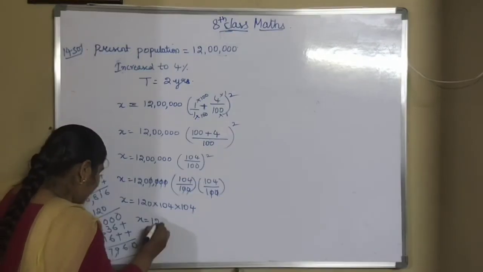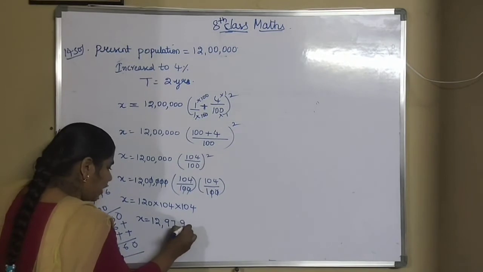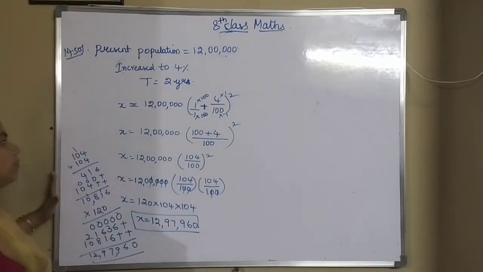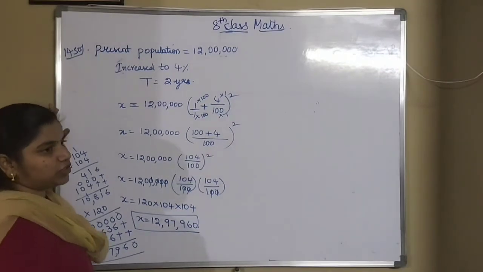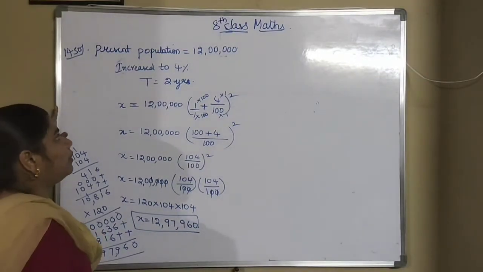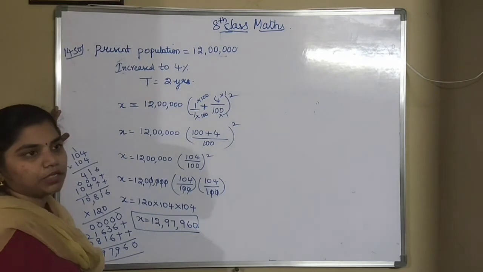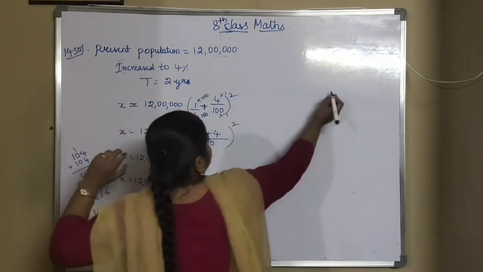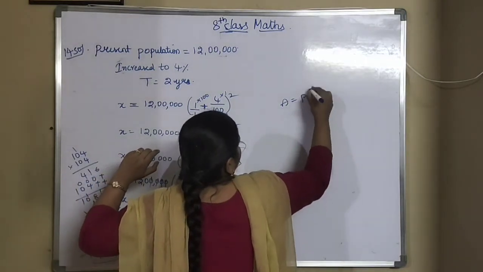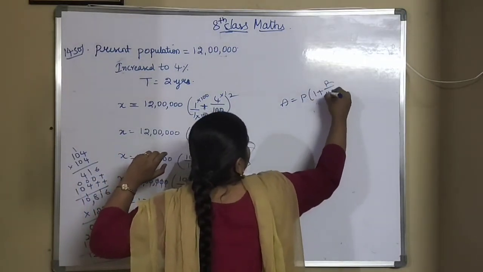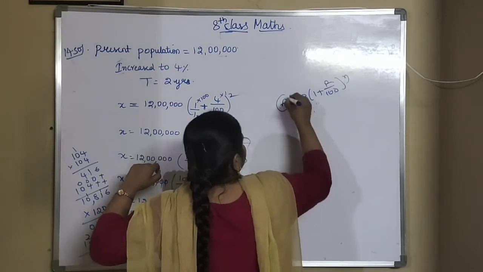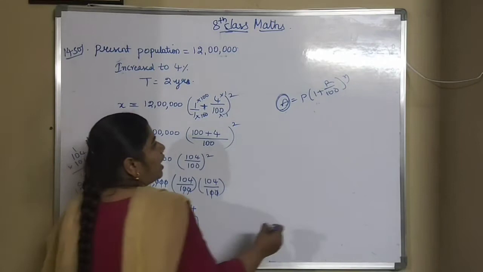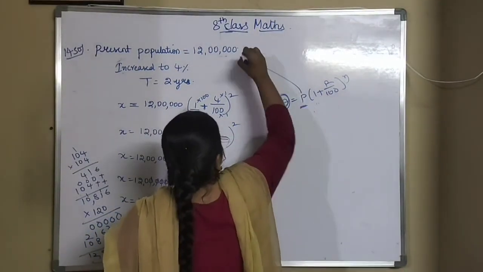That is 12 lakhs 97,960. So this is the population after 2 years. So what have they given? Present population they have given as 12 lakhs. And after 2 years it has increased by 4%. So which formula am I using here? That is A is equal to P into 1 plus R by 100 to the power of N. A is the population after 2 years that we have to find, and P is the present population.